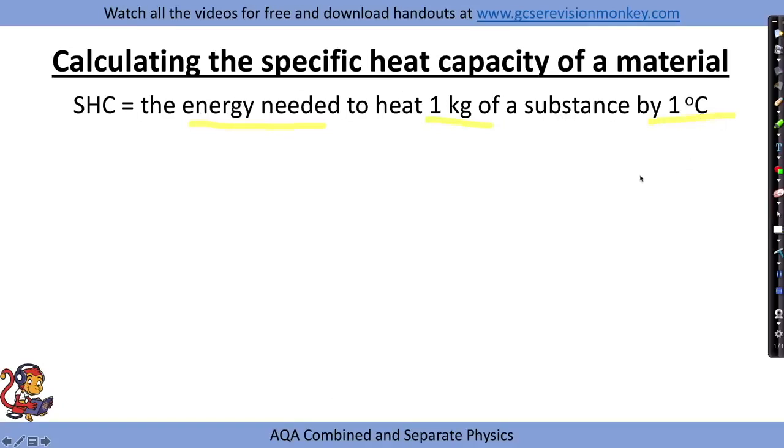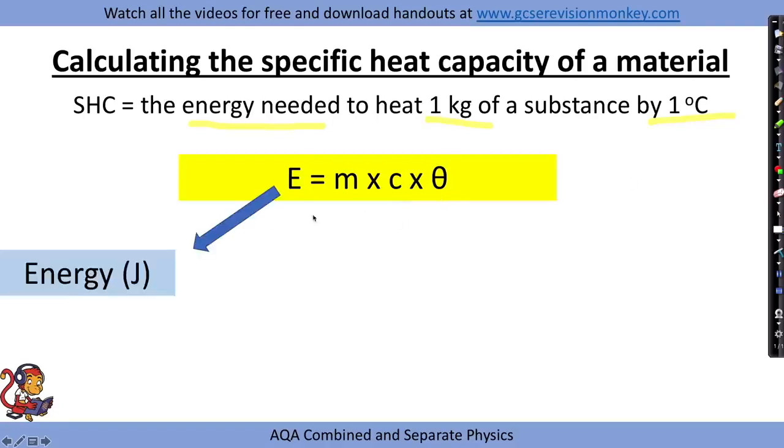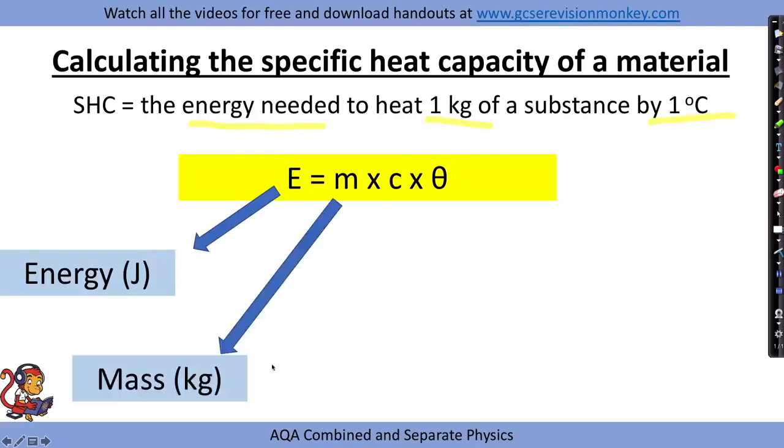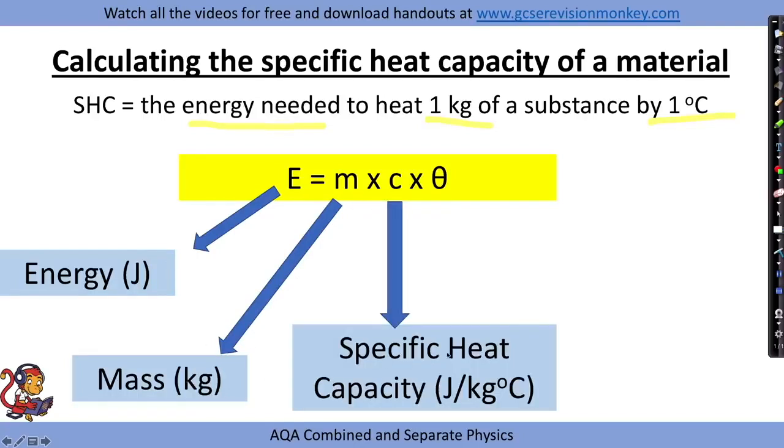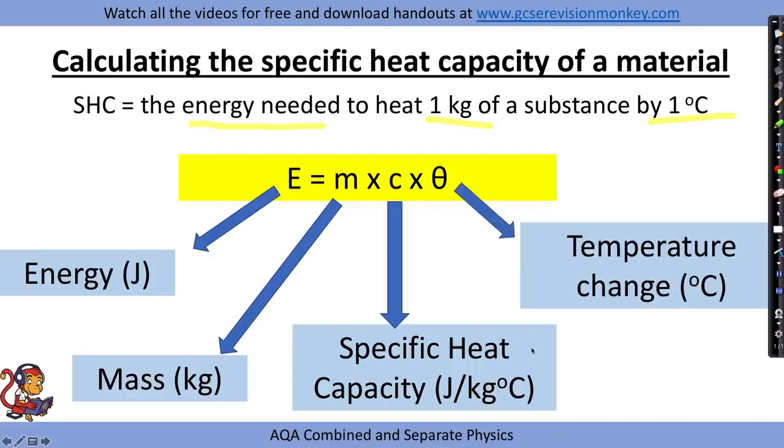Now there is an equation to go with this practical, and this equation you're actually given on your data sheet. The equation is E equals m times c times theta, whereby E is energy, measured in joules, m is mass, measured in kilograms, c is specific heat capacity, measured in joules per kilogram degrees C, and theta is temperature change, measured in degrees Celsius.